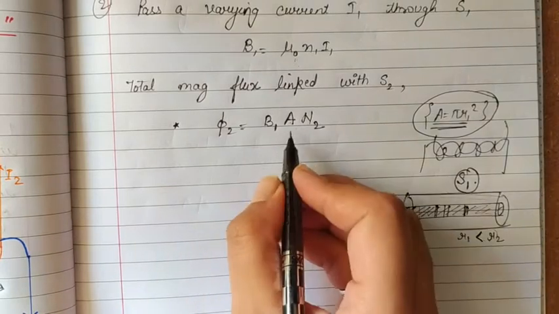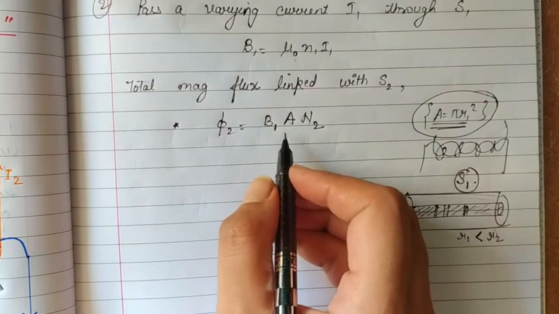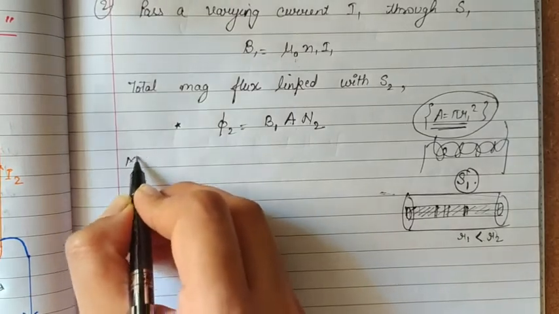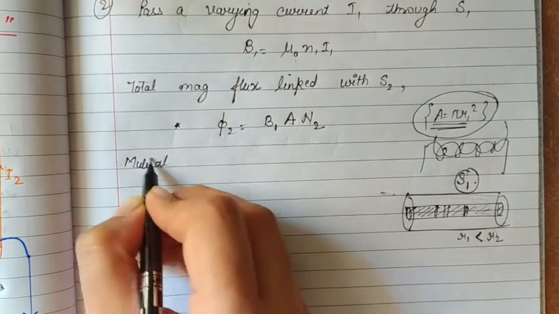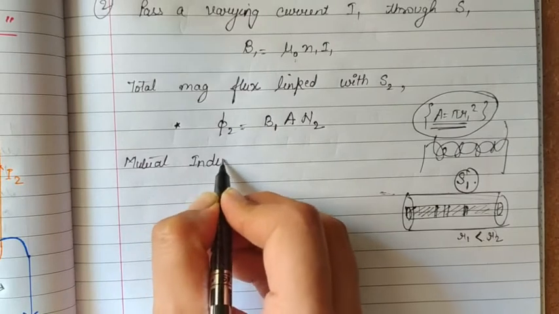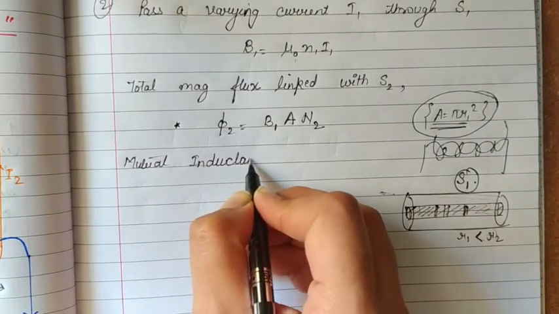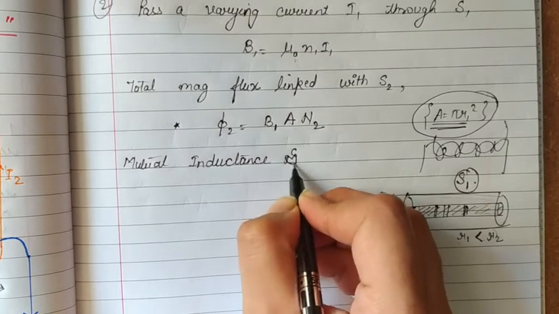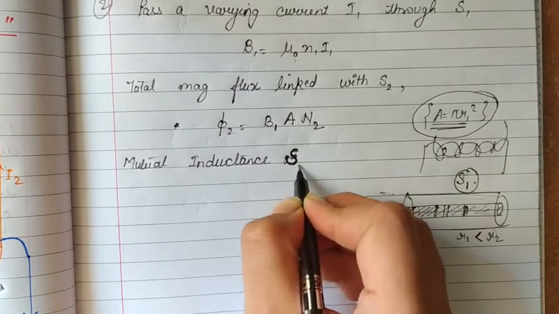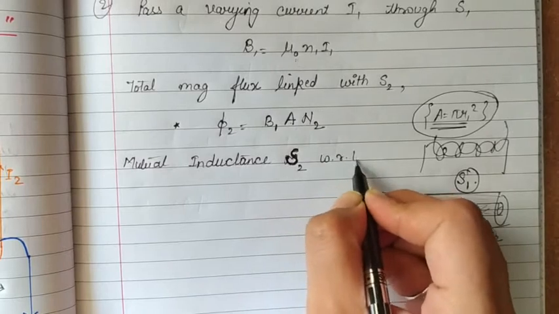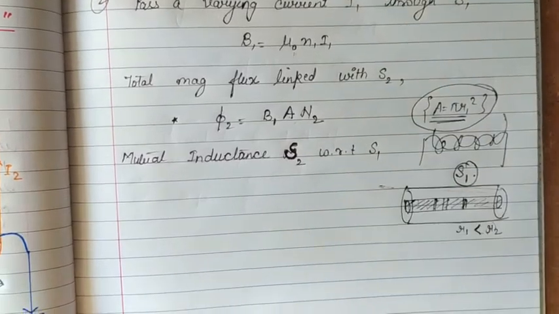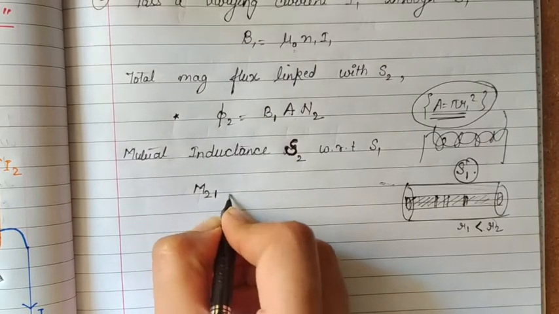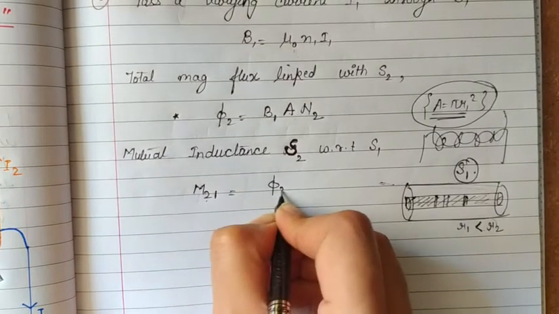When we have phi 2, we can find the mutual inductance of the second coil with respect to the first coil, that is M21. This is phi 2 upon I1.